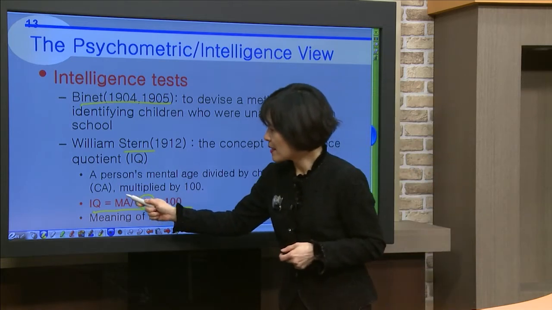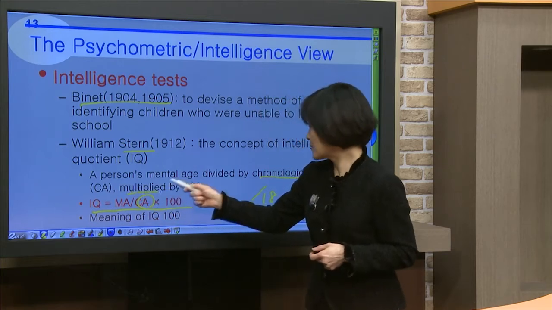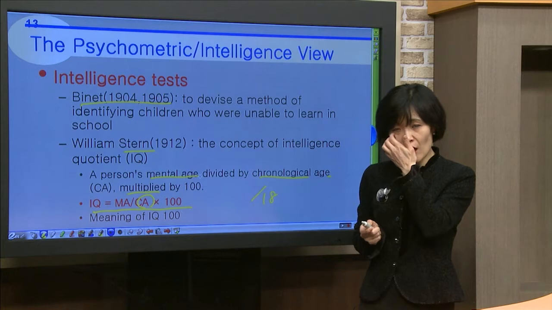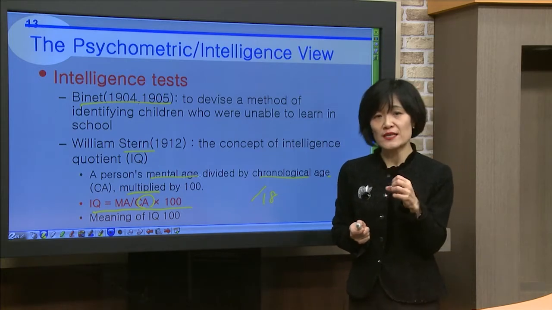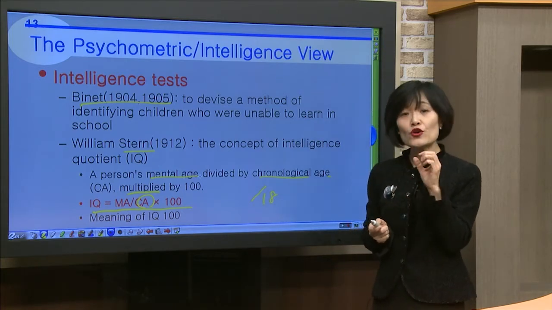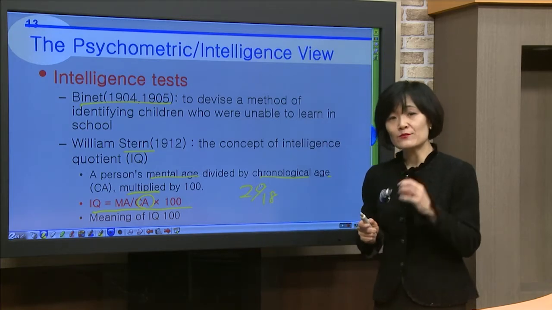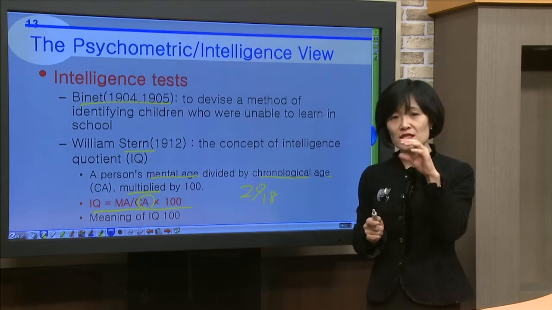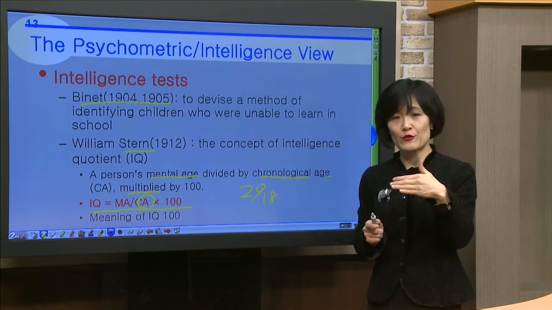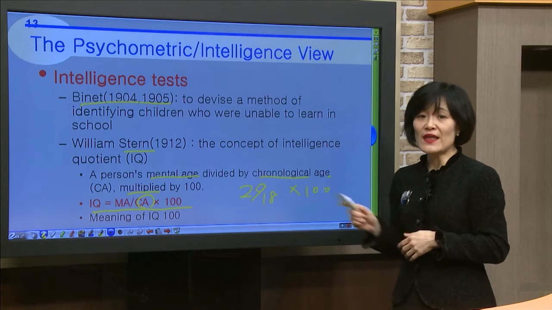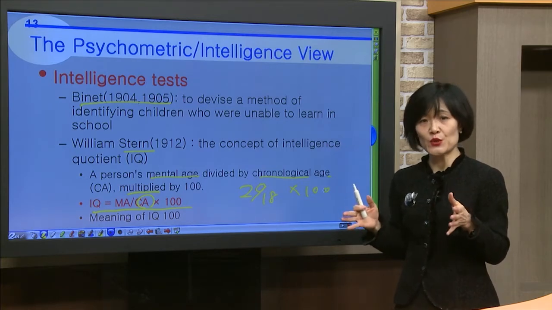And MA is the mental age. So even though your chronological age is 18 years old, your mental age can be like 20, right? Then probably your intelligence is higher than 100 because it's multiplied. That is a basic concept of IQ, right?